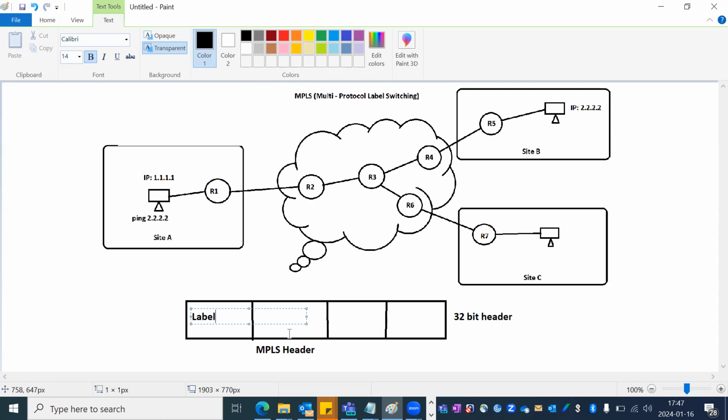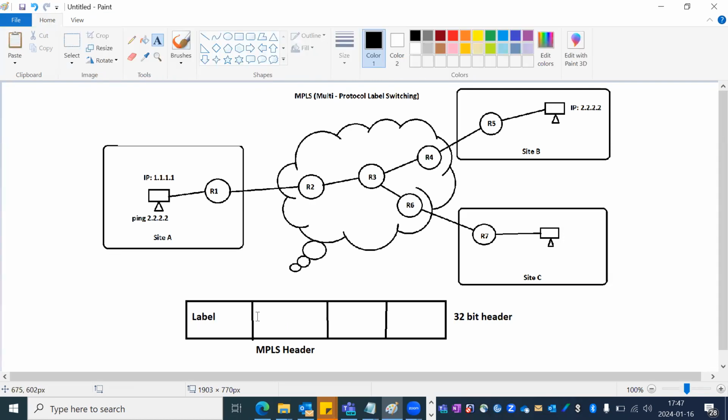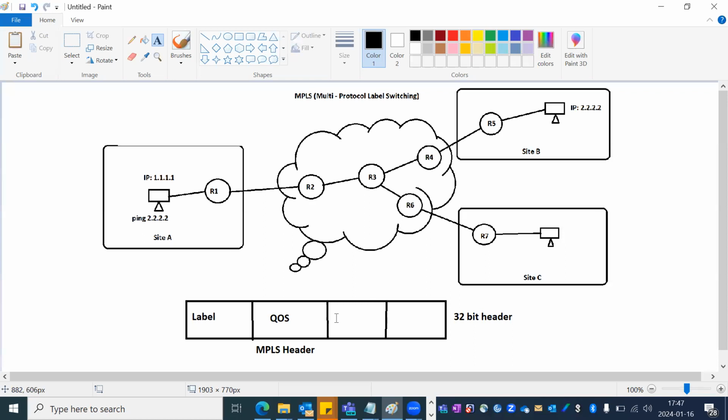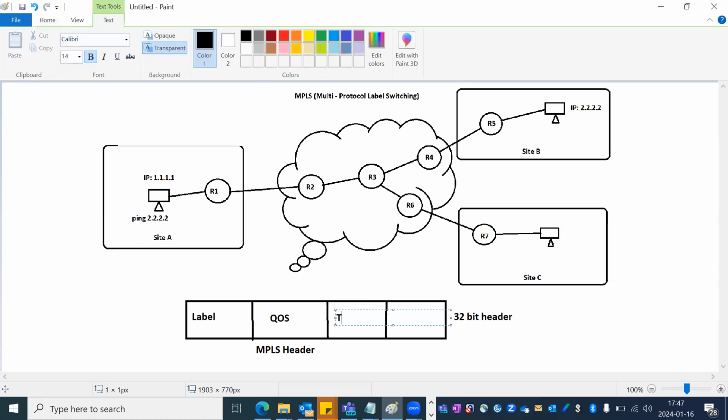Here label, quality of service, TTL, bottom of stack.